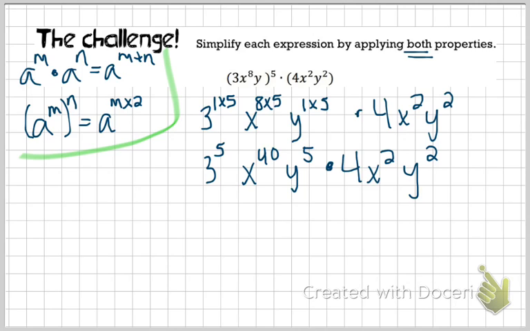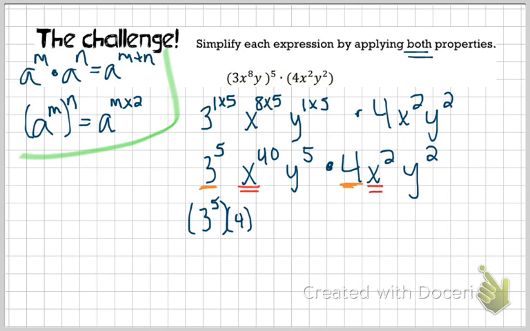Before we write our final answer, we need to put these two together. And remember, everything is multiplying. So I'm going to write them next to each other with parentheses, because that means to multiply. And I'll put parentheses around that one too. Then we have our x's.